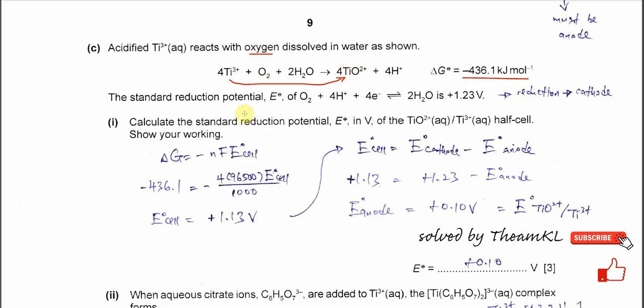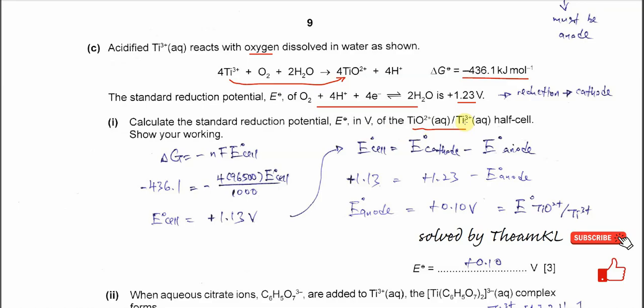Now, the standard reduction potential for the oxygen half cell is positive 1.23 volt. Now, part 1. Calculate the standard reduction potential of this TiO2 positive with the Ti3 positive half cell.